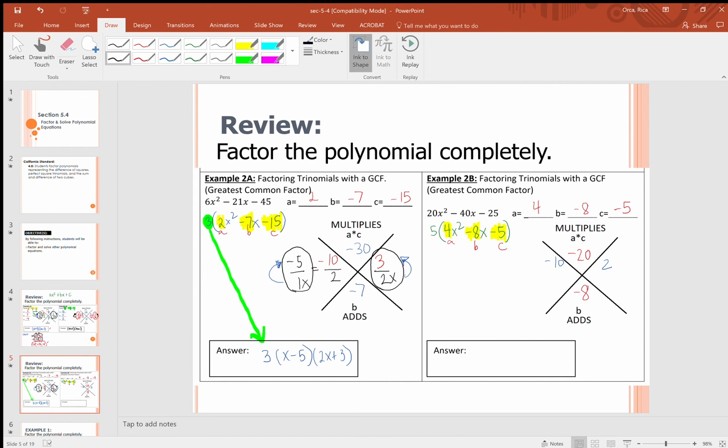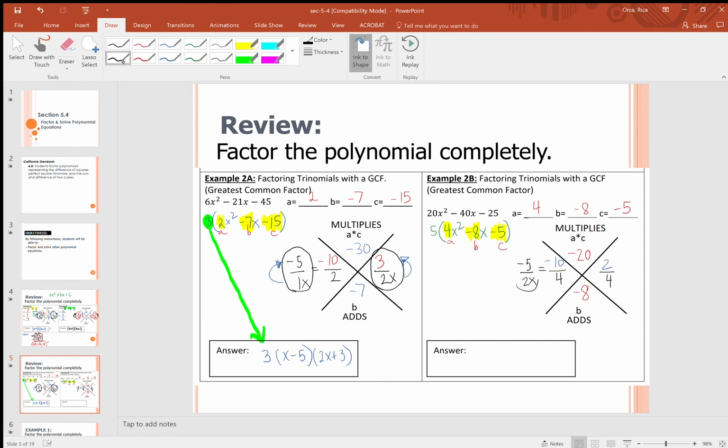Now take those numbers and, once again, divide by a. A is 4. Take the -10 over 4 and reduce the fraction. -10 and 4 are both divisible by 2. -10 divided by 2 is -5. 4 divided by 2 is 2.